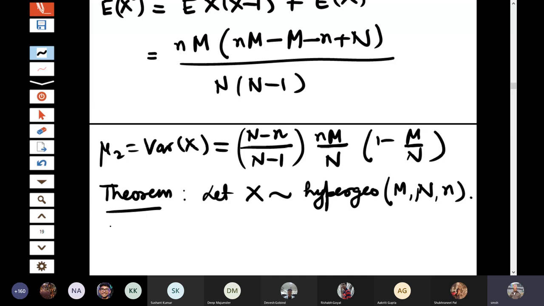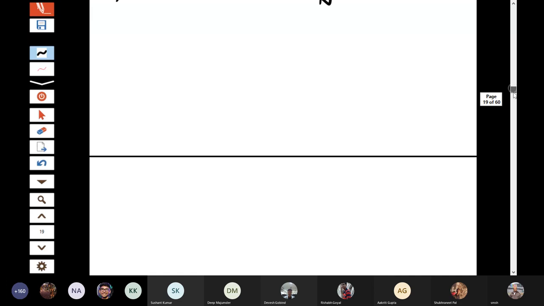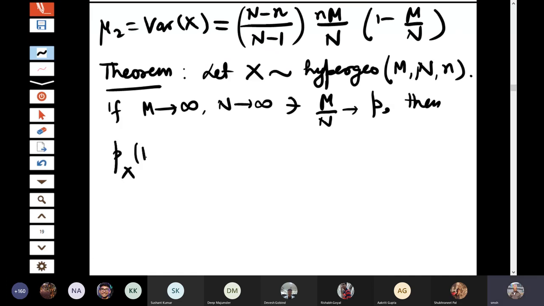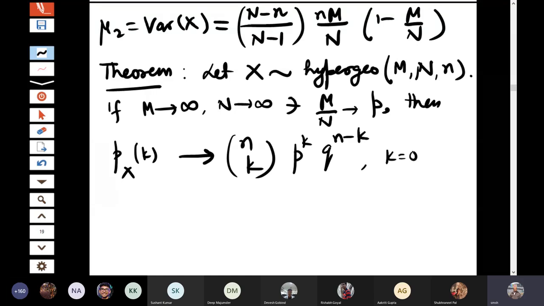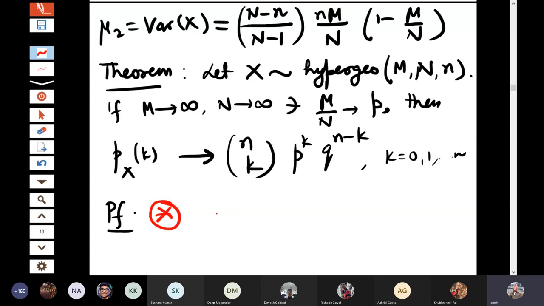Then as m tends to infinity, n tends to infinity such that m by n tends to p, then P(X = k) converges to n c k p to the power k q to the power n minus k. I'm leaving it as a do it yourself exercise.